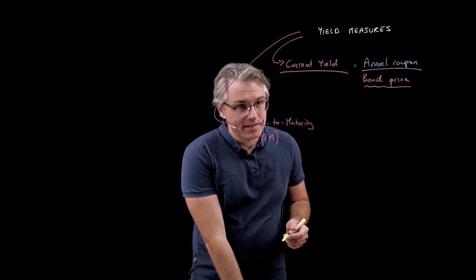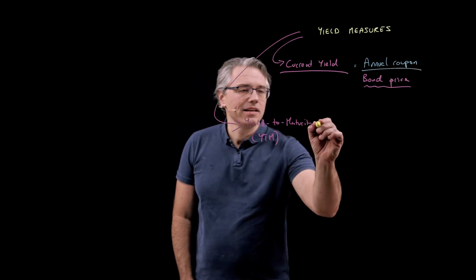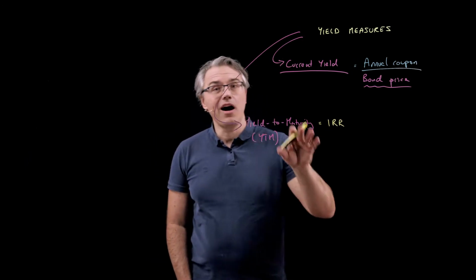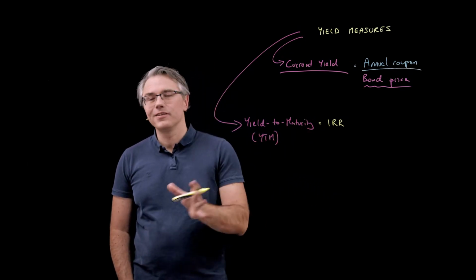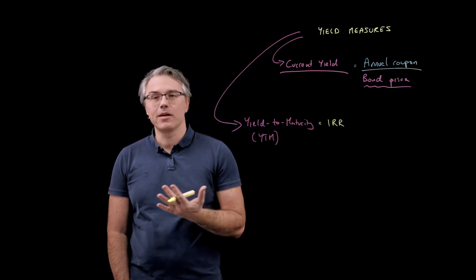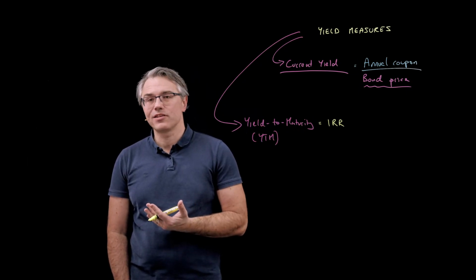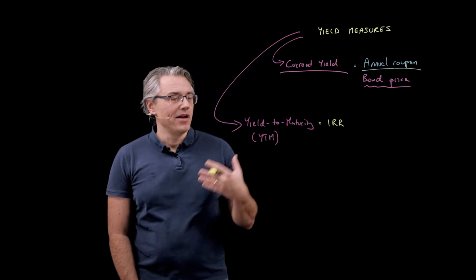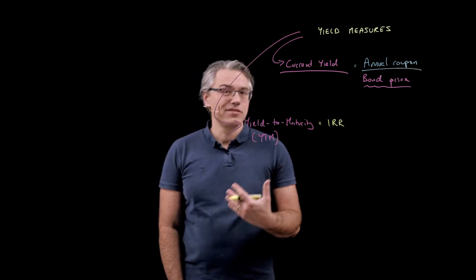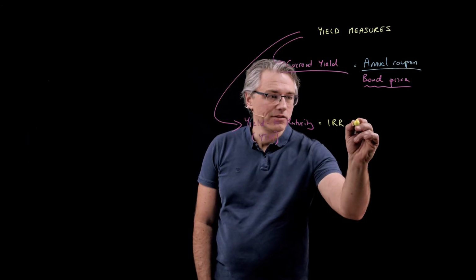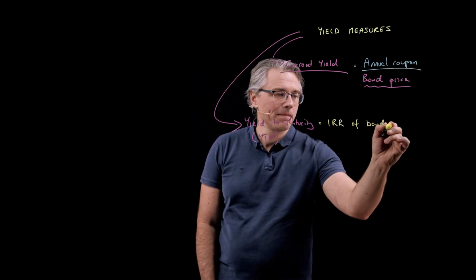And this is realistically the internal rate of return, or the IRR, something that you'll also be learning about, for example, in the corporate issuers section of the curriculum. IRR, internal rate of return on the bond investment.